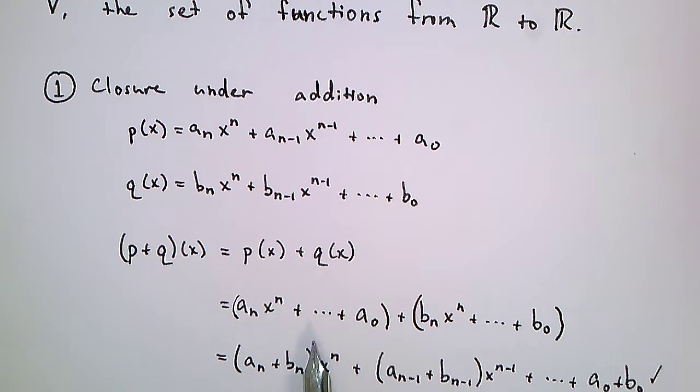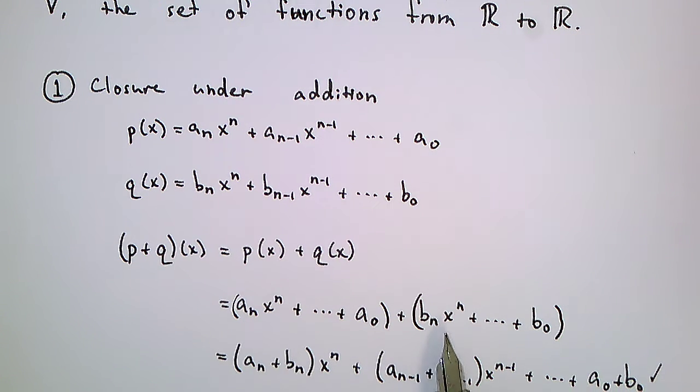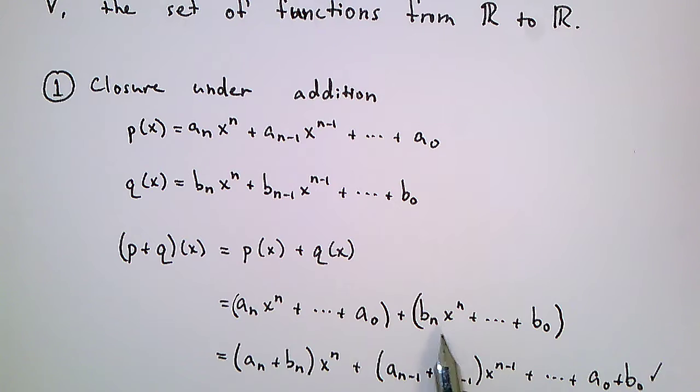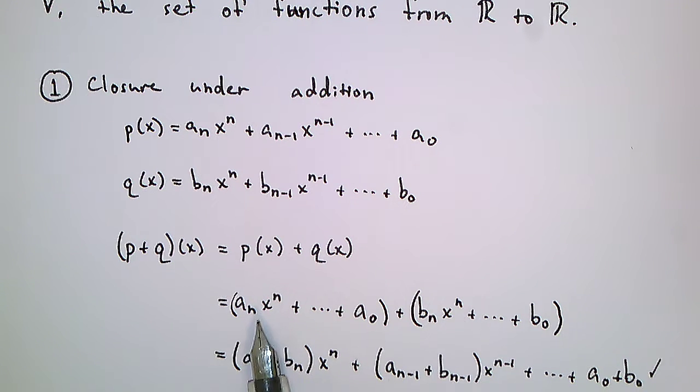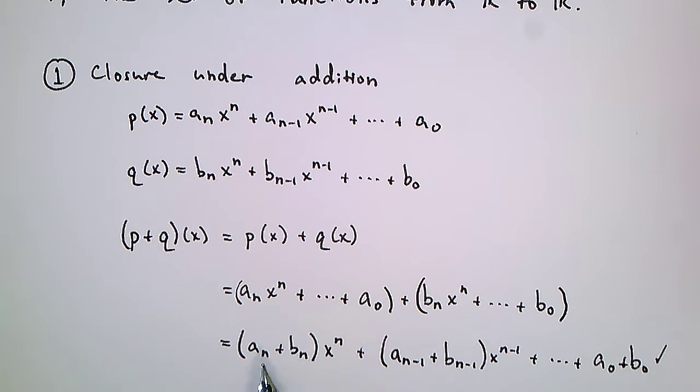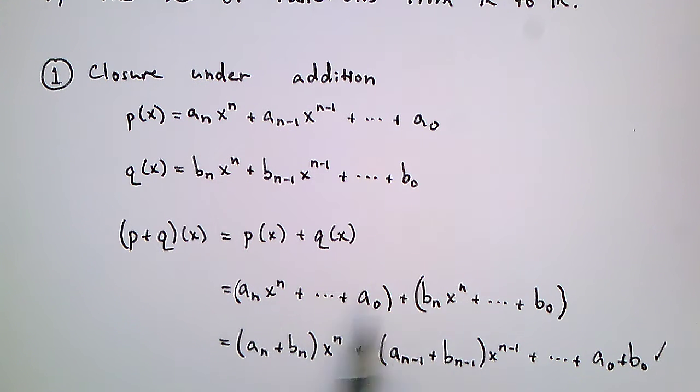But now what I want to do is collect terms. So I have an an times x to the n and a bn times x to the n. But what I want to do is combine those two together to get one single term. So this is really an plus bn times x to the n power. So I've just collected those two terms.